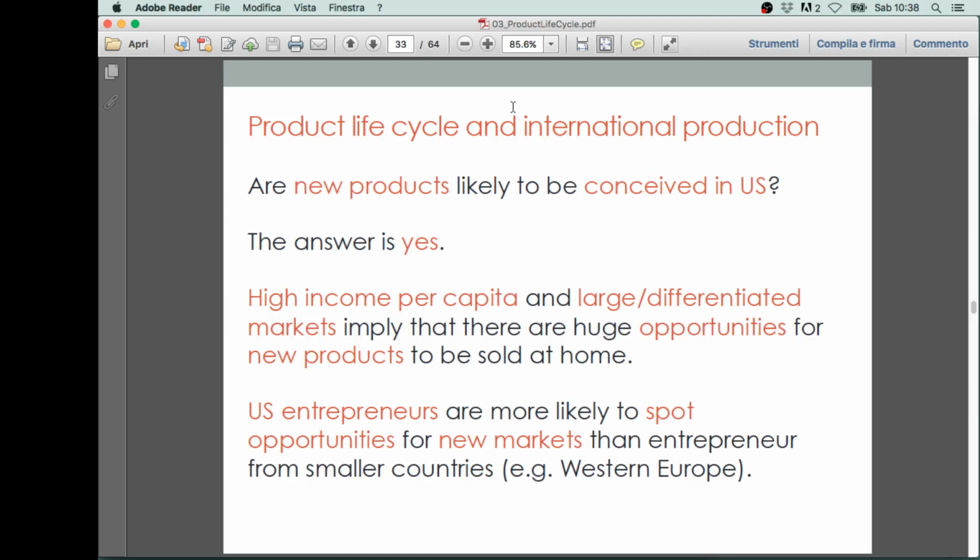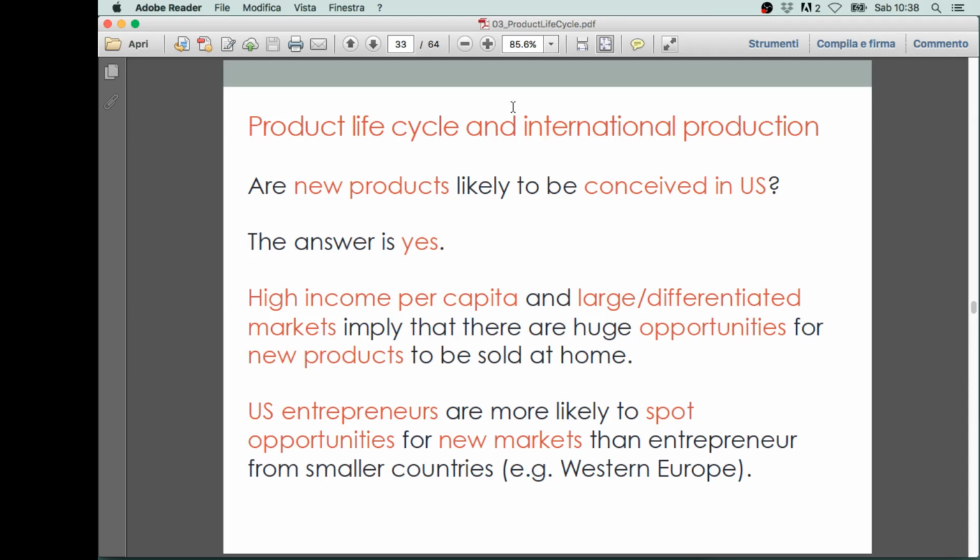Now, let's start with the initial phase of the product life cycle, the invention phase. The question is, are new products more likely to be conceived in the US compared to other countries? Well, the answer is yes. Why? First of all, because in the US you have high income per capita and large differentiated markets, so large market niches, which implies that there are huge opportunities for new products to be sold there.